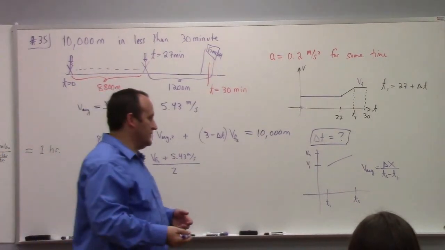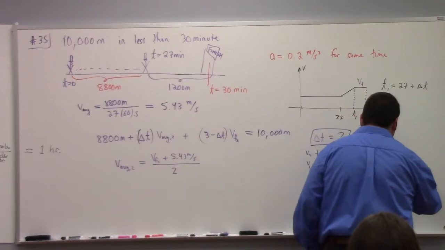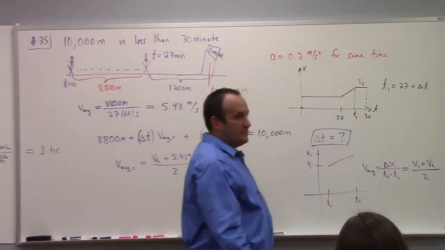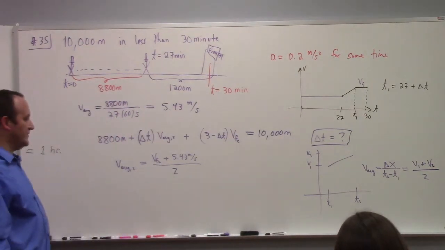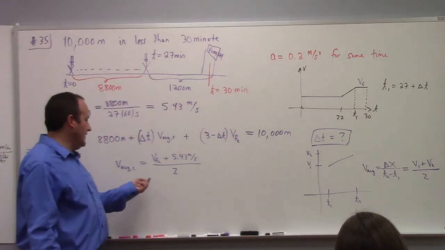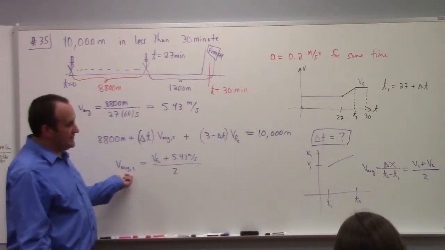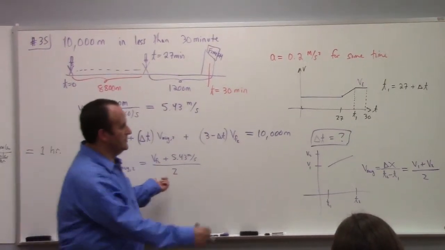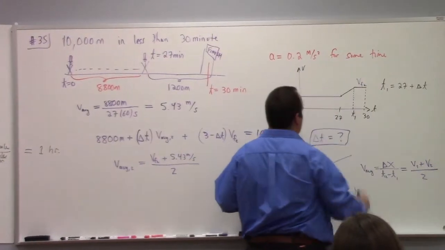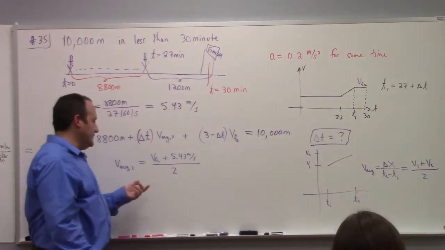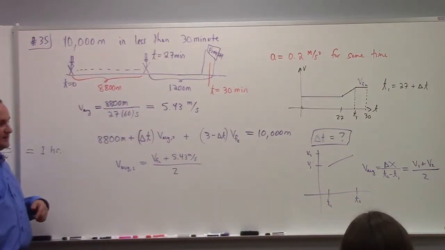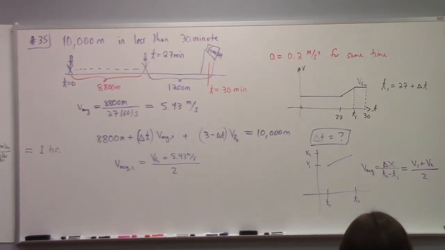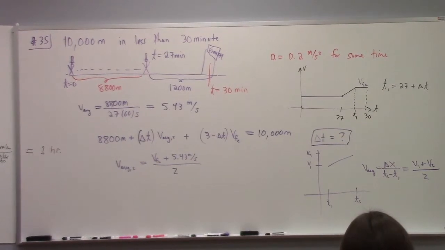So this is also equal to v1 plus v2 over 2. That's what I'm using right here. The average velocity over the delta t period would be the final velocity, vf2 as I'm calling it, plus the initial velocity, which we figured out is 5.43, divided by 2. That would be the velocity over that delta t time, right?